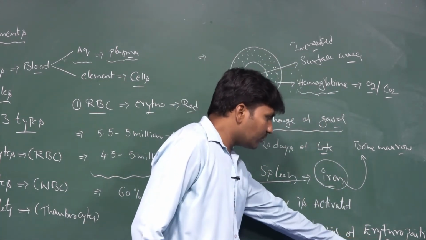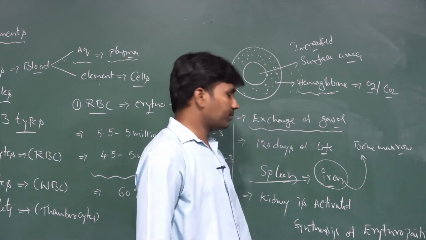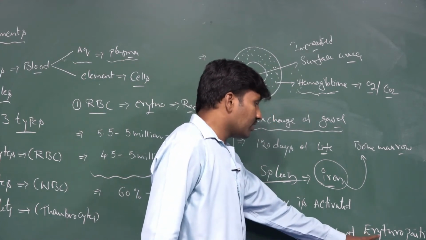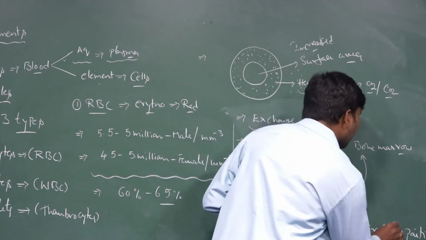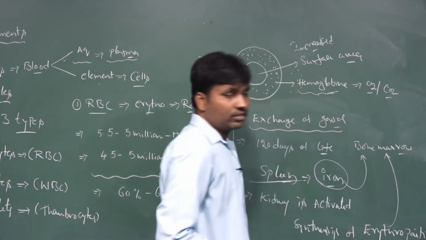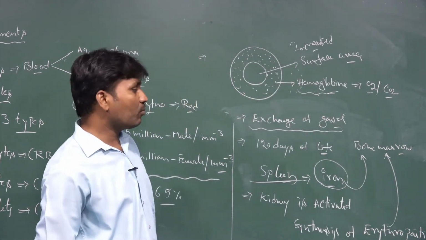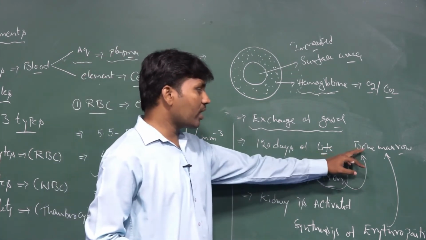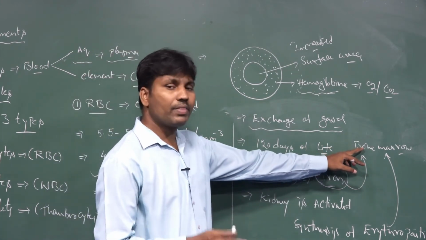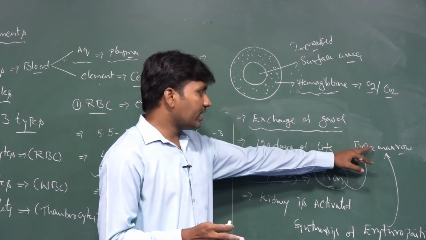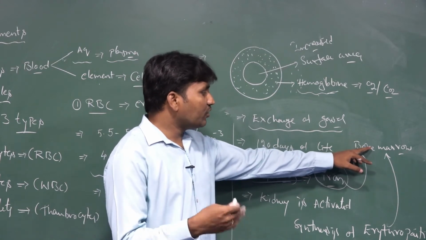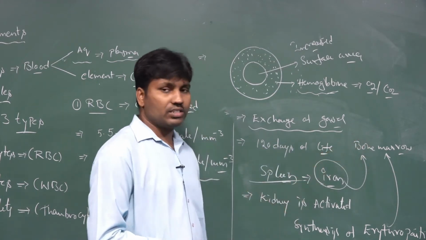Because of the influence of erythropoietin, what is happening? It activates the bone marrow cells. Automatically the bone marrow cells start dividing and differentiating into RBC.